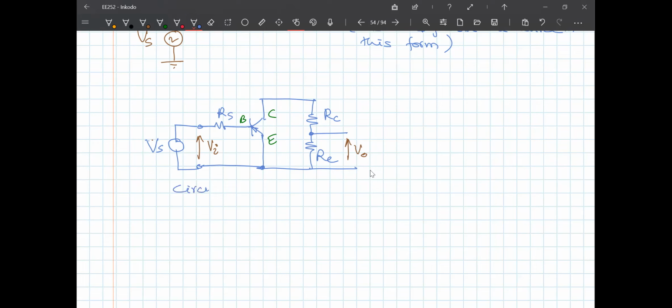Remember, I have drawn the small signal model. I have removed the DC source because we don't care about that. We are doing a small signal analysis, so only the small signal AC equivalent circuit, without DC.